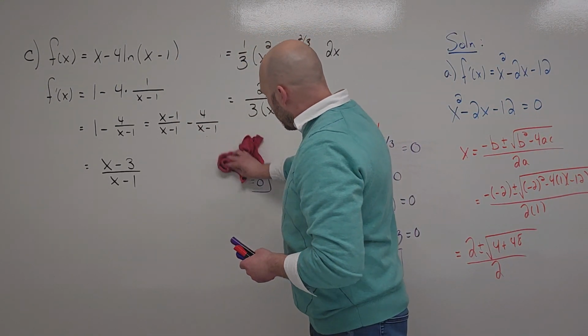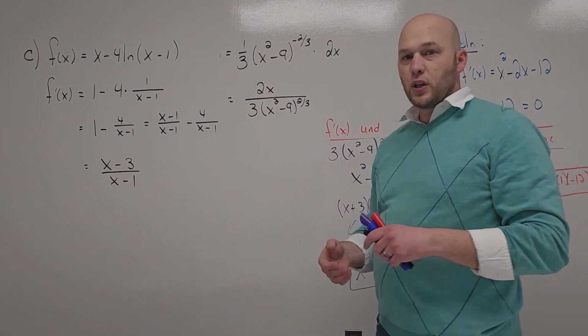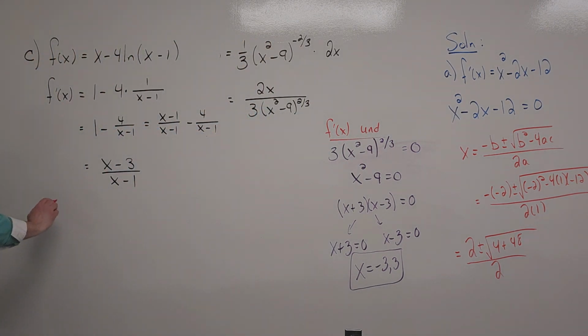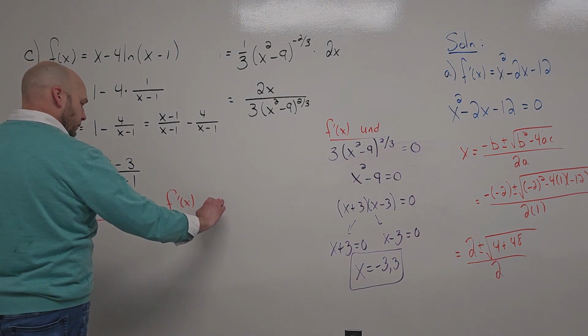And just like we did in the previous one, let's separate this into the two possibilities where the derivative is 0 or the derivative is undefined. All right, so I've got f prime equal to 0, and I've got f prime undefined.